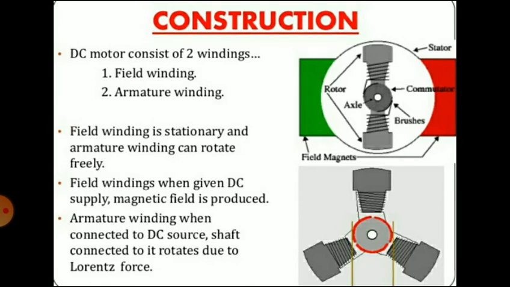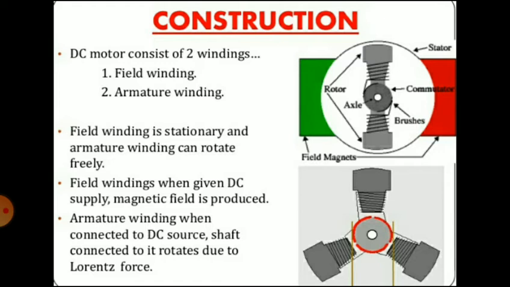Now we will see the construction of DC motors. DC motors consist of two windings. First is the field winding and second is the armature winding. Like any electrical rotating machine, a DC motor has two main parts: first the stator and second the rotor.